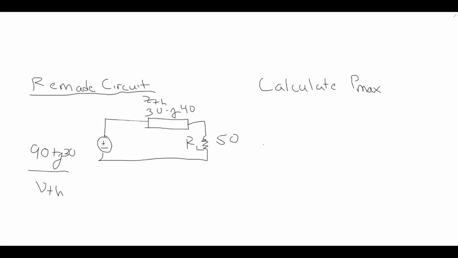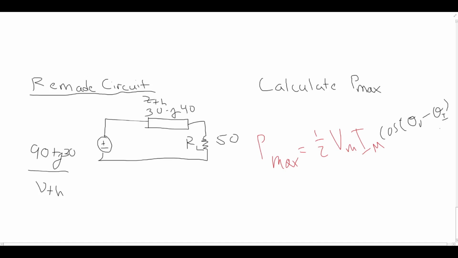Since we're finding the average power, P max is going to be equal to 1/2 V max I max. In case you're not familiar with it, there's also a second part of the equation that we're leaving out, which is the cosine of theta V minus theta I, the angle between voltage and current through that resistor.